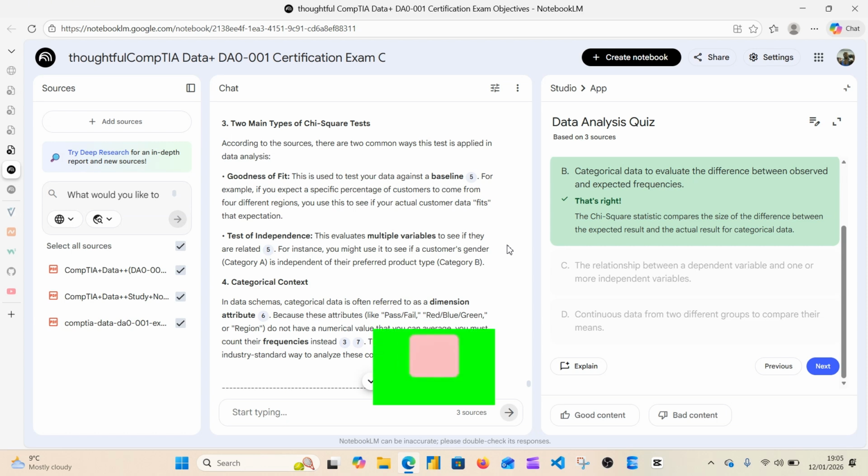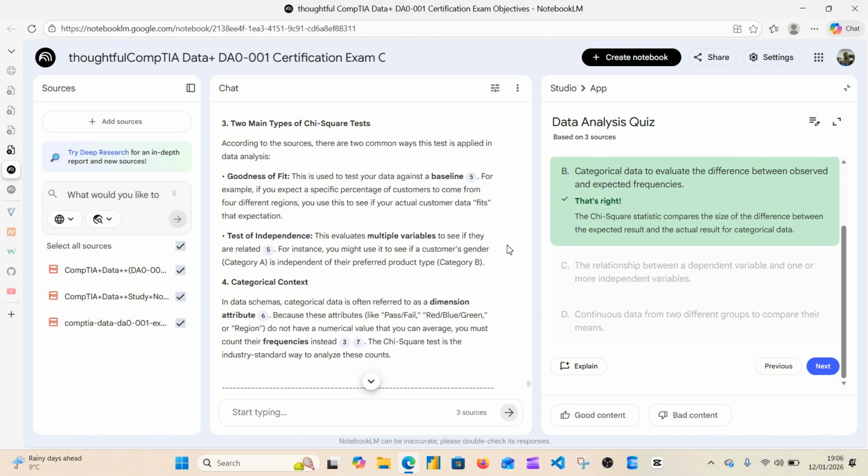According to the sources, there are two common ways this test is applied to data analysis. Goodness of fit. This is used to test data against a baseline. For example, if you expect a specific percentage of customers to come from 4 different regions, you use this to see if your actual customer data fits that expectation.